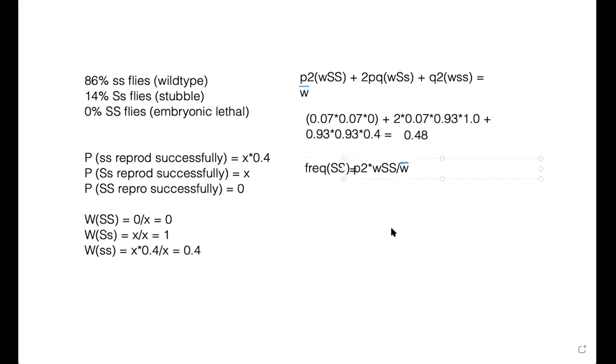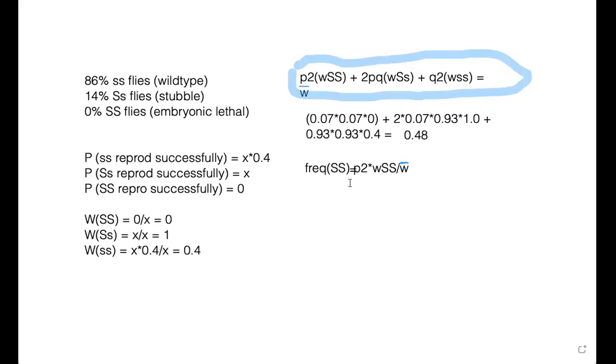There, close enough. And remember, we're getting this by taking this equation right up here and dividing all of the terms through by W bar. So we end up with P squared times W big S over W bar plus 2PQ times W big S little s over W bar plus Q squared W little s over W bar equals W bar over W bar, which happens to be 1. So that's where we're getting these.